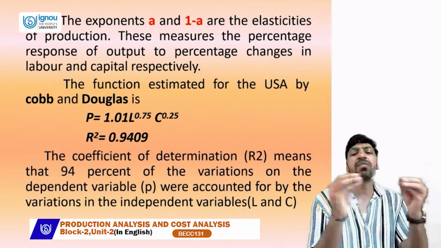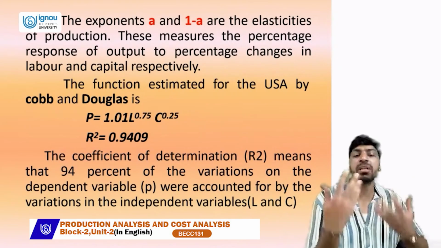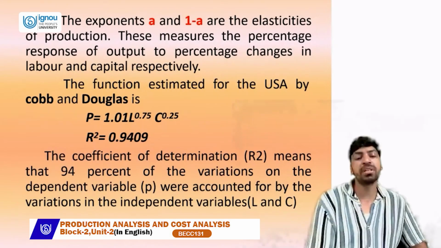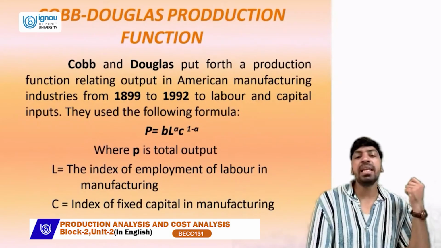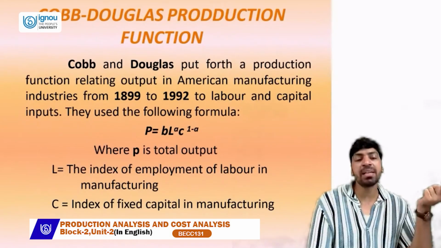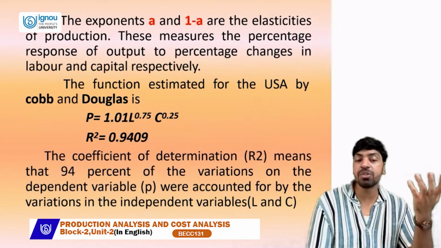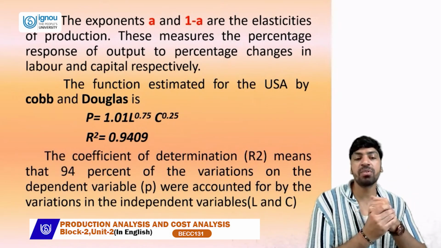This is one example. Let's assume the values and put them into the formula, and the value is 0.9409. If you see the formula, P is equal to bL^a C^(1-a). Once you put in the values based on the assumption, you will get the value 0.9409.